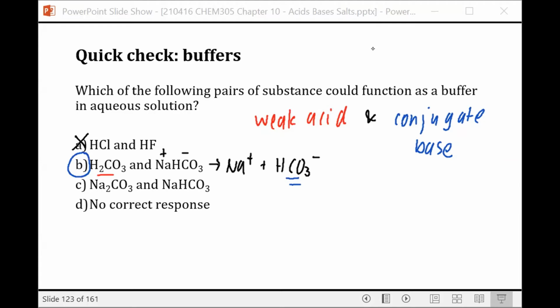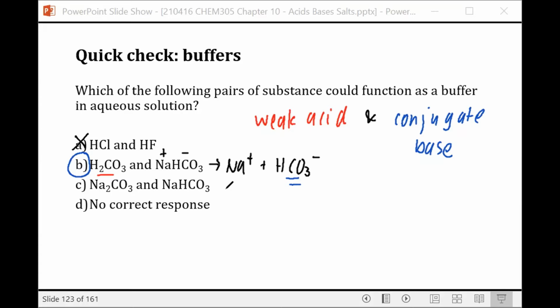In C, we have sodium carbonate and sodium bicarbonate. This one's kind of tricky because you might think, well, there's a carbonate and a bicarbonate. Can't those function as a conjugate acid-conjugate base pair? But they don't differ by the addition of one proton.